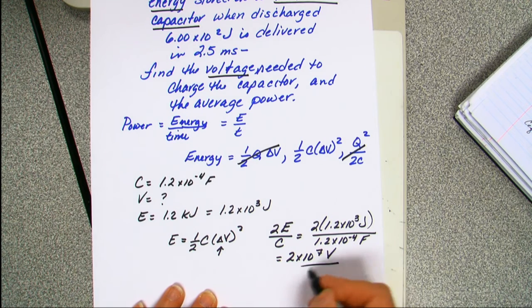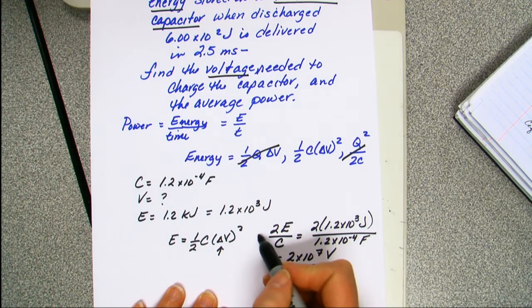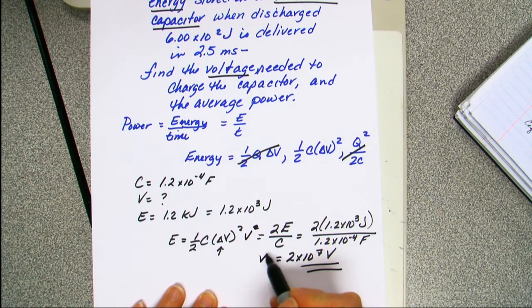So that's what's required to charge my capacitor. That's the voltage. Because this equals V squared, and then we take the square root, we get that. Wait, maybe I didn't take the square root. Hang on. We'll figure this out real quick. I may not have taken the square root. 1.2.